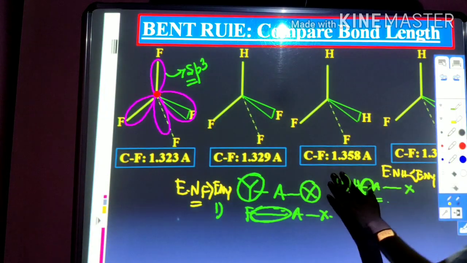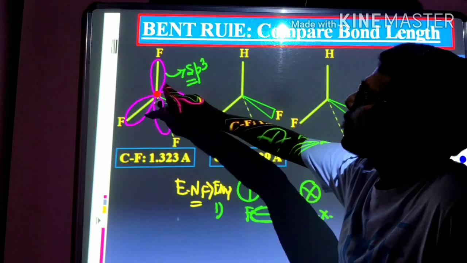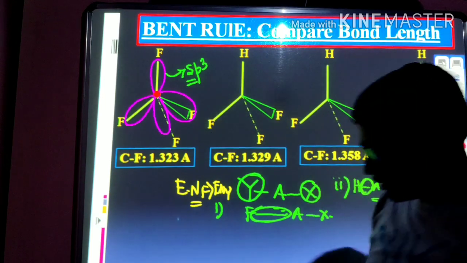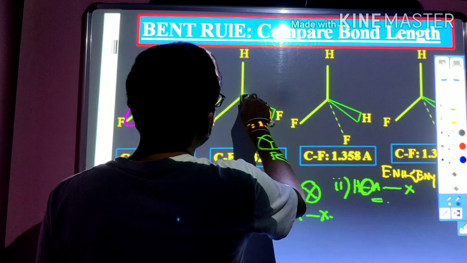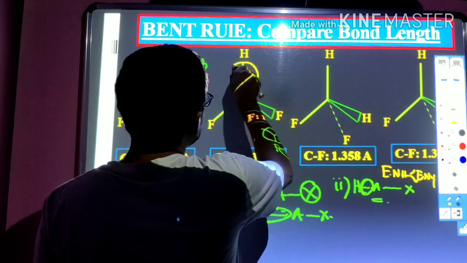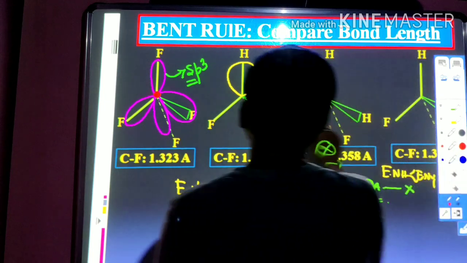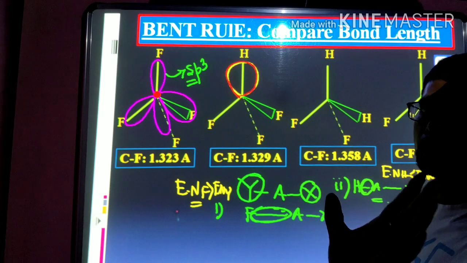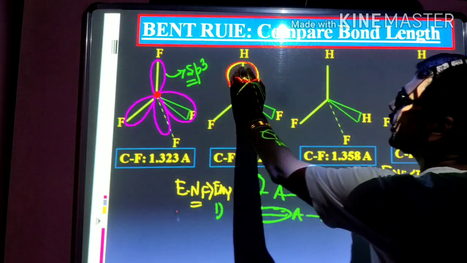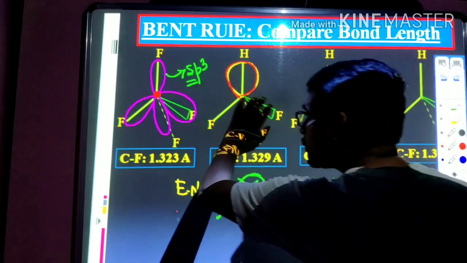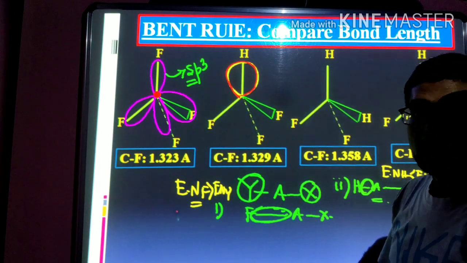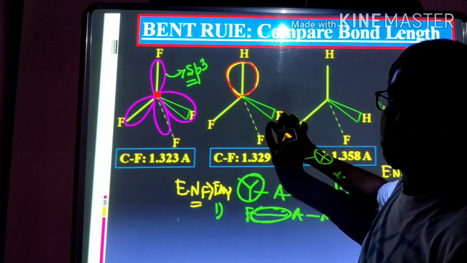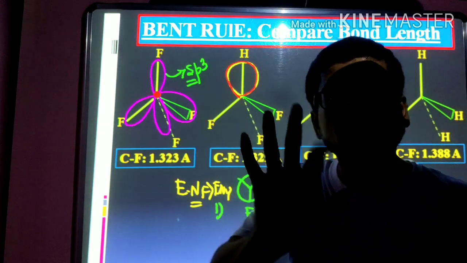Okay, this one is clear. So if we replace F by H, the percentage of S character here will increase. To show that, let me draw it more like spherical. What I told you is that if in one bond the percentage of S character increases, the other three bonds will compensate, so the total percentage of S character remains 100%.